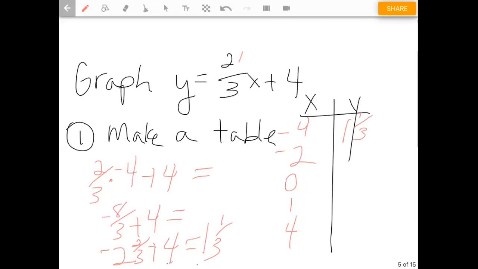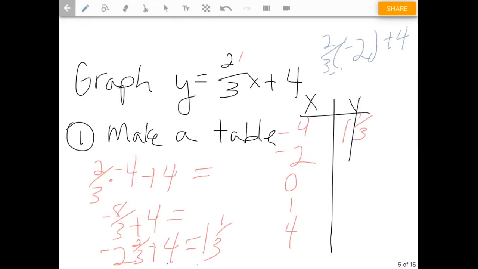And then you're going to repeat this process for each number. So now we're going to do negative 2. So we would do 2/3 times negative 2 plus 4.